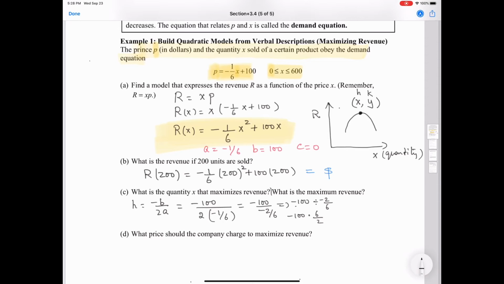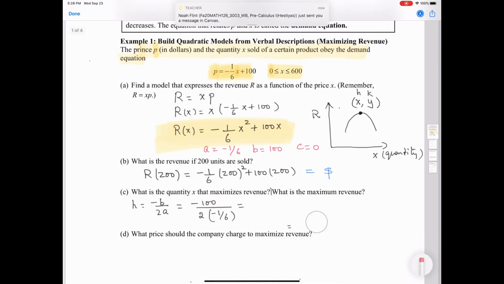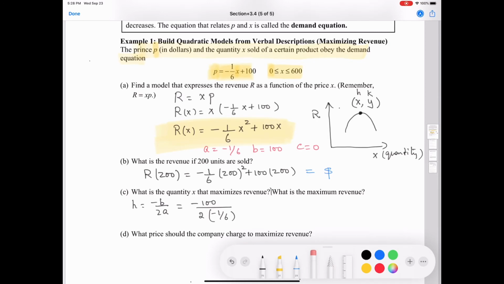The negatives will cancel out. So if you simplify this, h equals negative b over 2a, plug it in, and the simplified version would be 300.